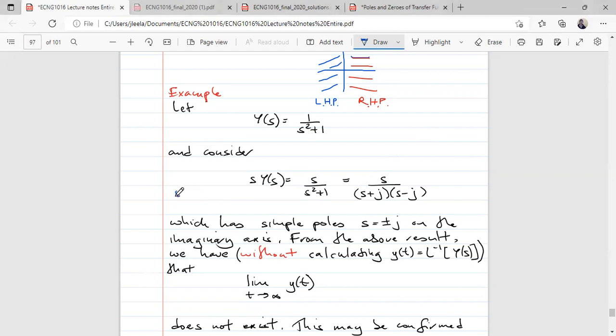So if s squared plus 1 is equal to 0, then s squared must be minus 1.